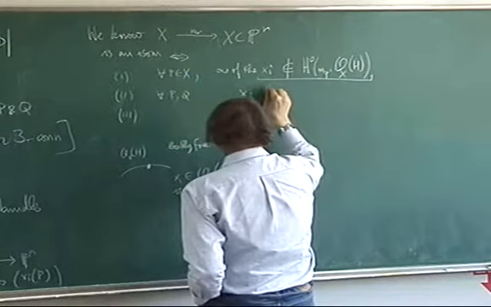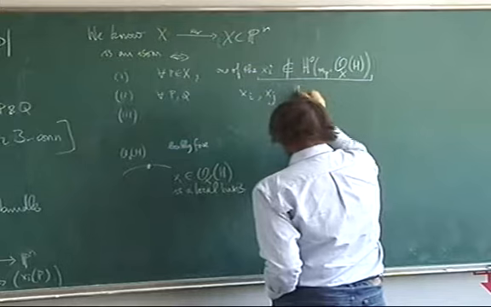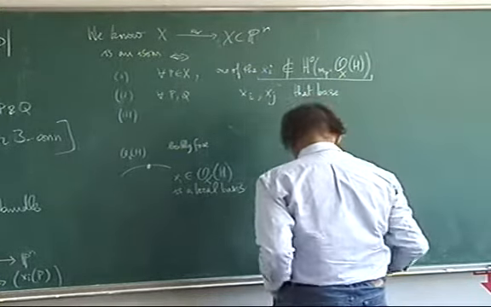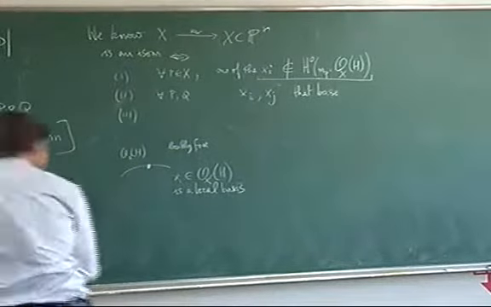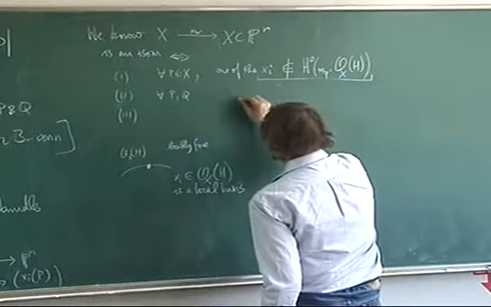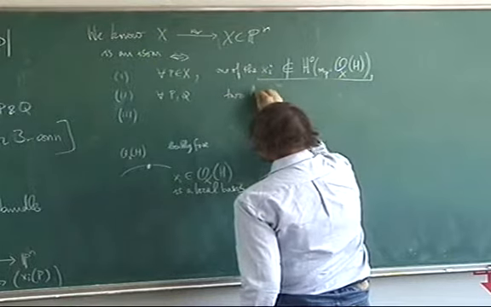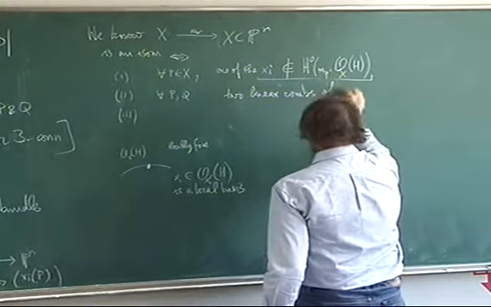And the second condition is that for all p and q, I can find two linear combinations of the xi.